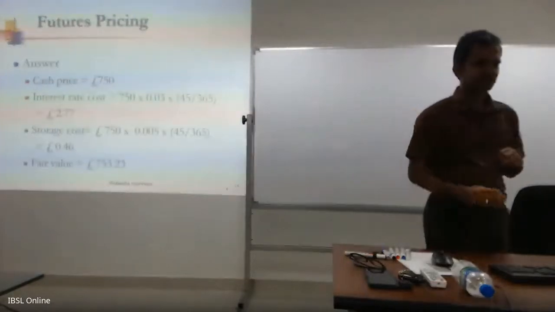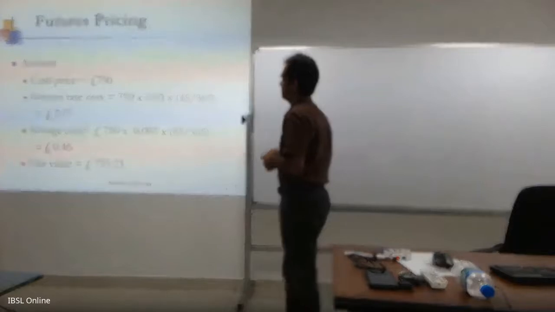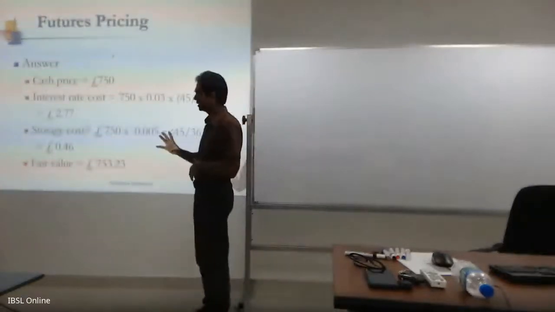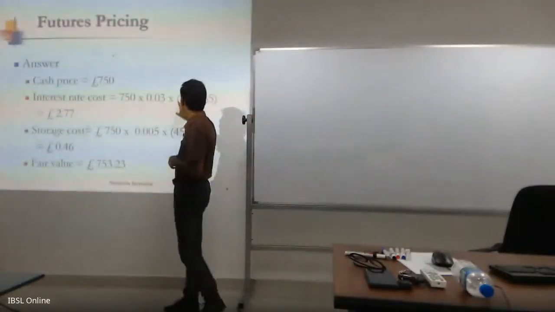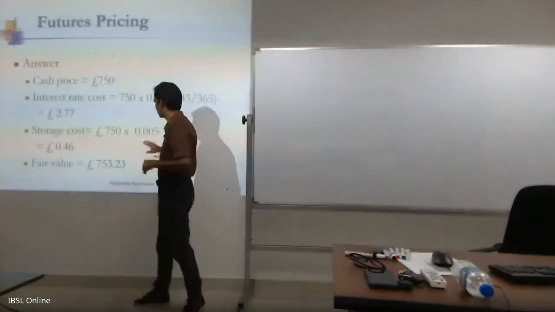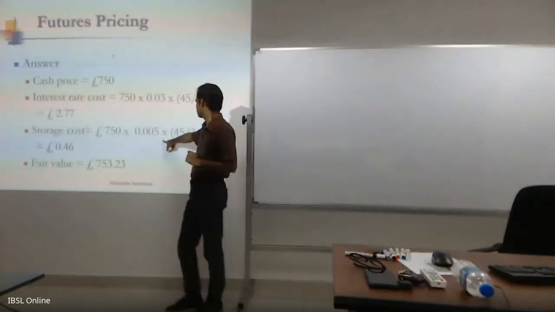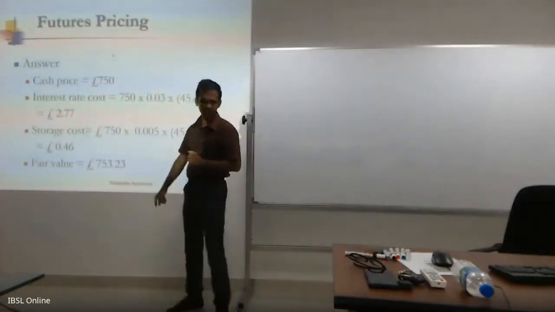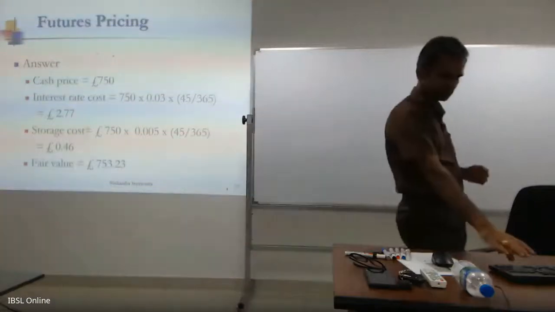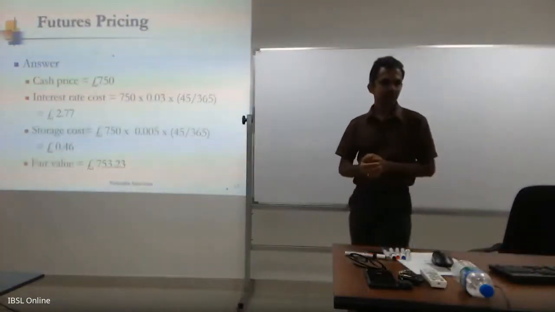So the answer is given in the next slide. Cash price is 750. Interest cost at 3% for 45 days is 2.77. Storage cost at 0.5%, sorry, 0.05%.